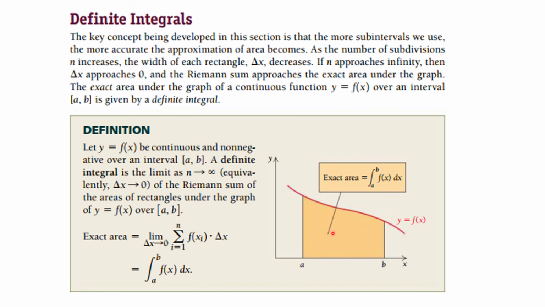So you see the exact area under a continuous function, y equals f of x, from a to b, a finite interval, is called the definite integral from a to b of f of x dx. And notice that in the limit, when delta x goes to 0, this is our function, but the delta x becomes what we call dx, and that's the differential that we talked about before.